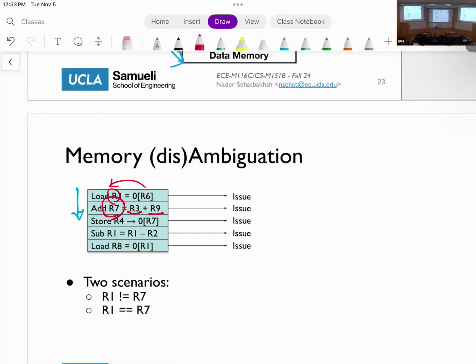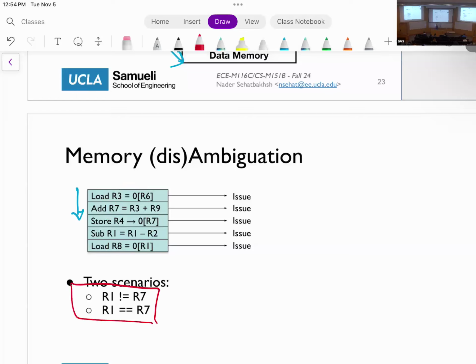Then I'm going to store the value of R4 at the address that R7 is pointing to. Then I'm going to do some form of a sub or R-type operation on R1, and then I'm going to load R8 from R1. Okay, so far so good. If you look at this example, it seems to be fairly straightforward. There's nothing weird about this.